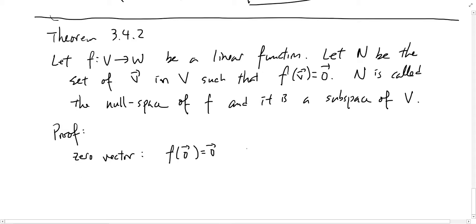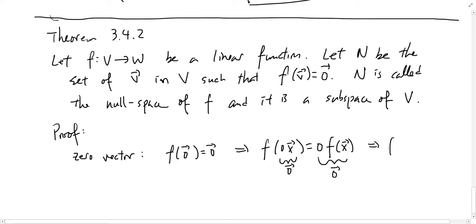So why is this true? Let's say you have f of 0 times some vector x. That will always equal 0 times f of vector x. And 0 times vector x would definitely be the 0 vector, and the number 0 times f of vector x will also be the 0 vector. So therefore f of the 0 vector must equal the 0 vector, showing that the 0 vector must be in N.